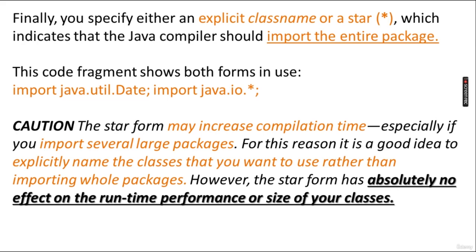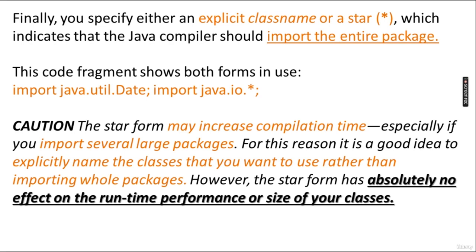But as a rule, the compiler will compile all the classes that you are importing and also the ones you are writing in your project. So it will increase the time required to compile your complete project. The more classes, the more compilation time will increase, especially if you import several large packages.